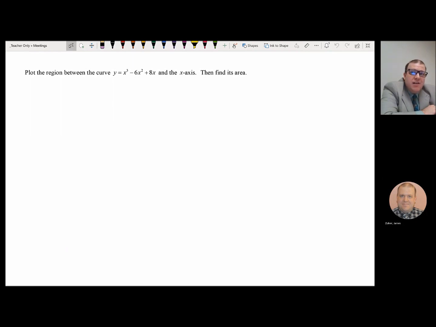It gives you a signed area between the curve and the x-axis. Which means if you have anything below the x-axis, it's actually going to cancel out area. You can set up a basic integral, but you have to do something to the function, which we'll discuss.